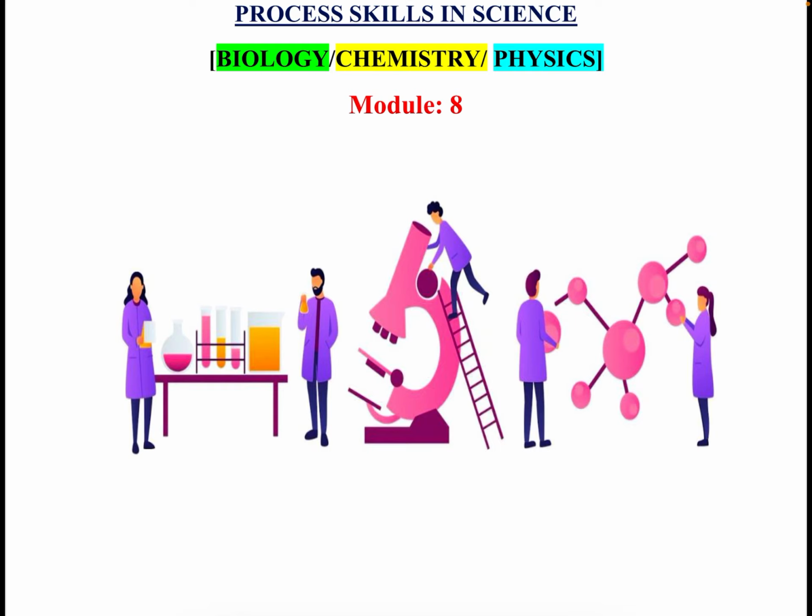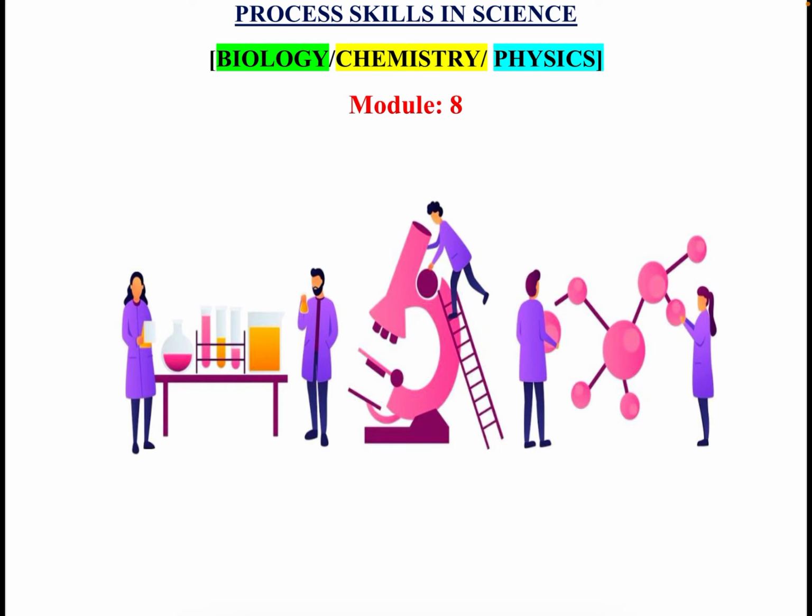As we know, the National Curriculum Framework 2005 has very clearly defined the general aims and objectives of teaching sciences up to senior secondary level. And in every aim and objective, they have emphasized that every learner in the school has to develop various types of skills which are very essential in doing science.